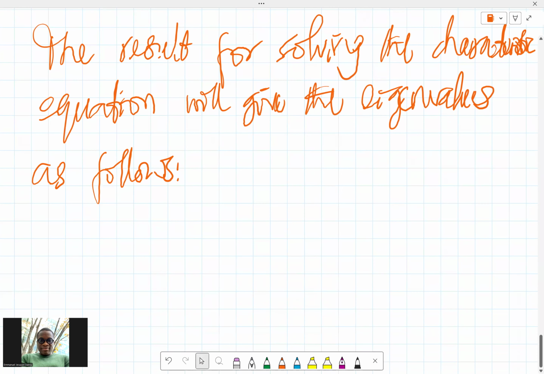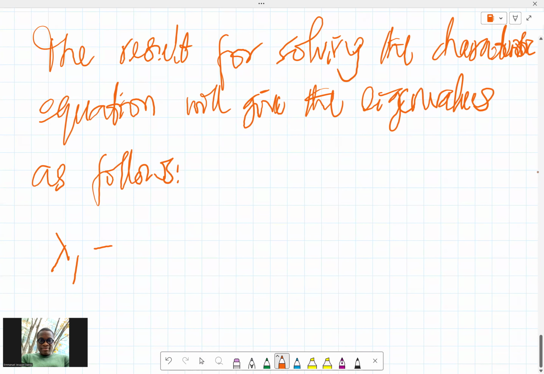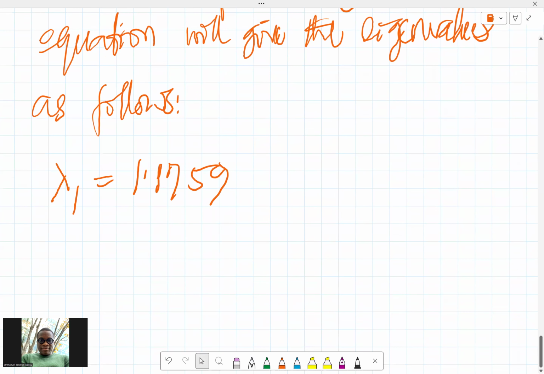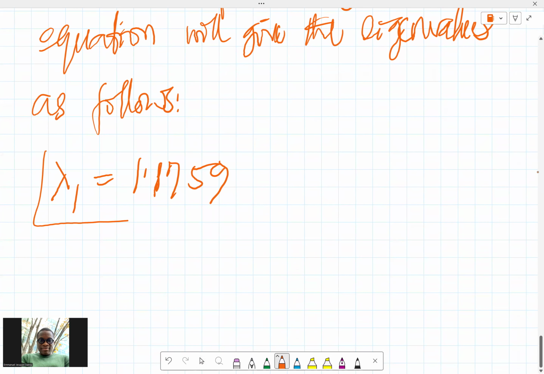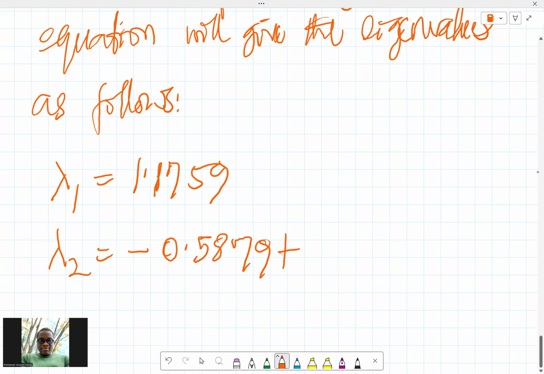Okay, so we have lambda 1 is equal to 1.1759. I'm taking it to 4 decimal places, so that's lambda 1. Then we have lambda 2, which is equal to minus 0.5879 plus 0.1924i.